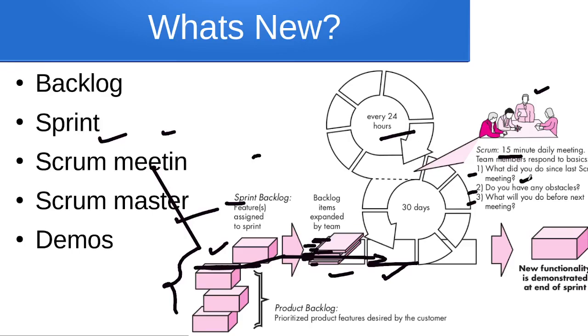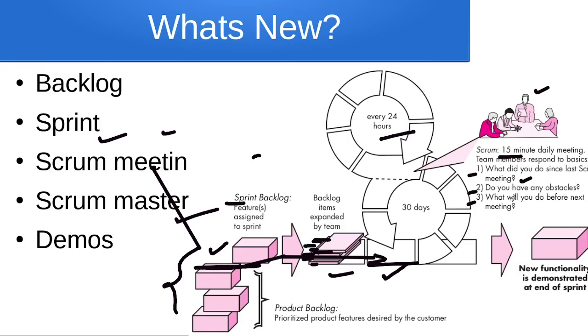When was the last Scrum meeting? It was yesterday only. So today they are asking what you have done in one day, right? Do you have any obstacles? Whatever you are doing, is there any problem in this? What are the problems you are facing?